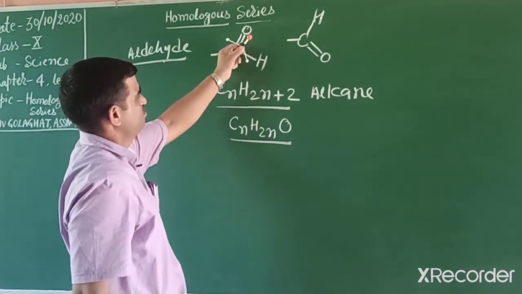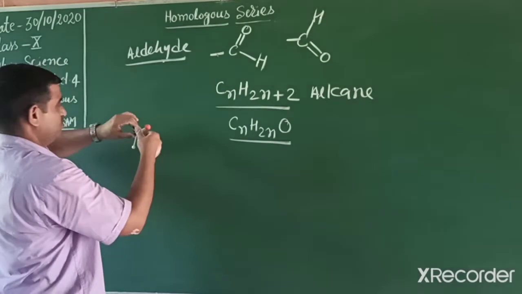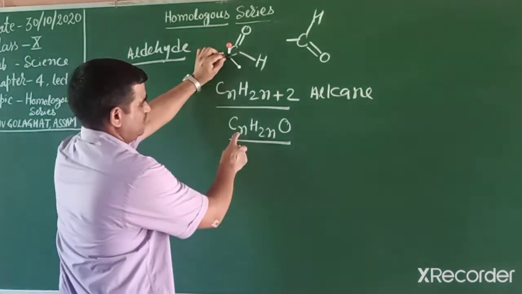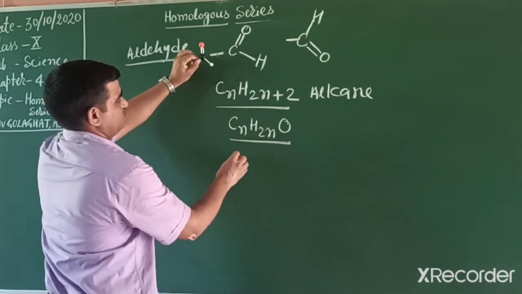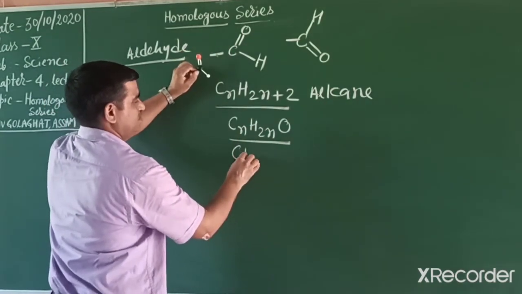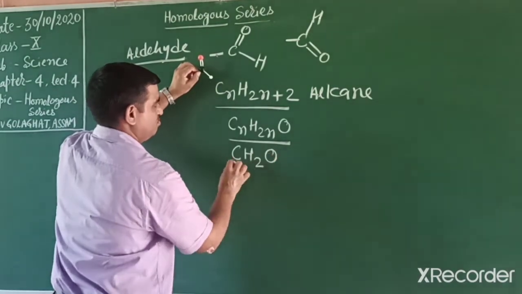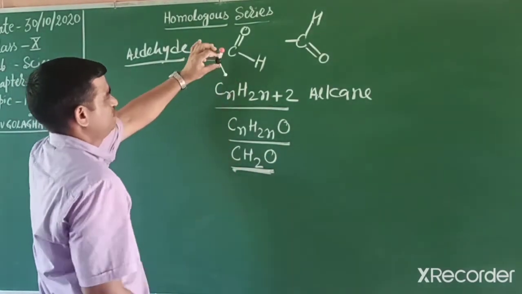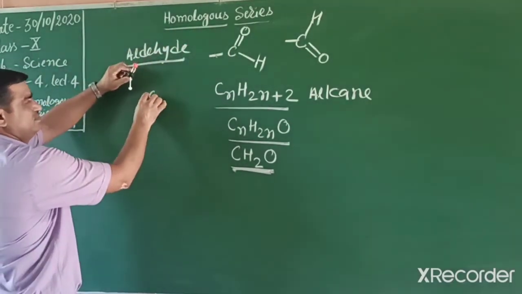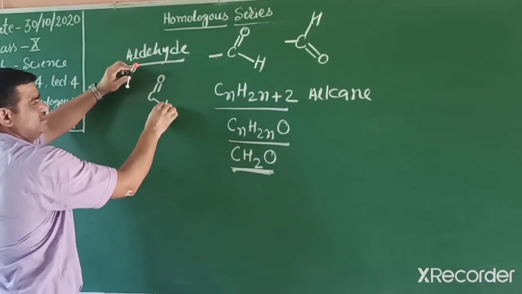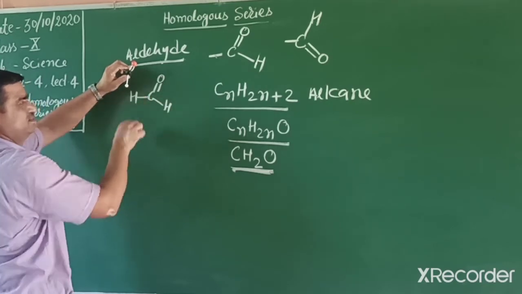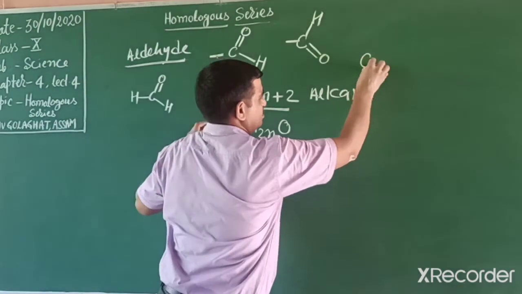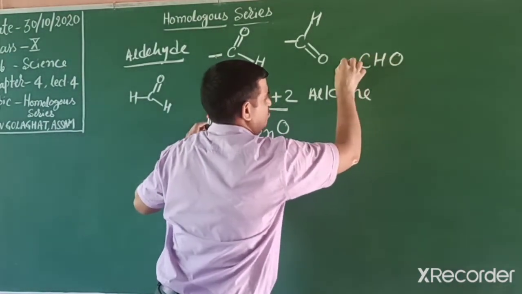So for the first compound, if carbon is only 1, if n is equal to 1, then its formula we can write as CH2O. This is the molecular formula, but we represent this compound with H and H on carbon. Aldehyde can also be represented another way, as CHO.